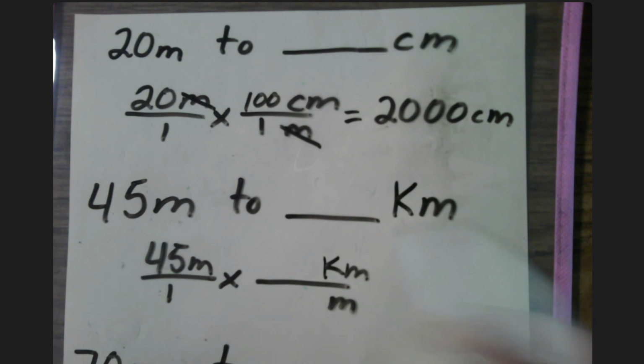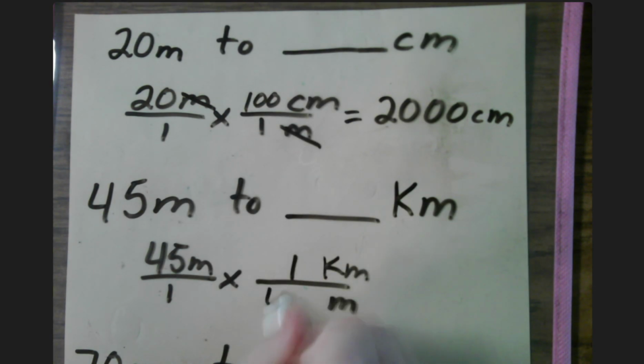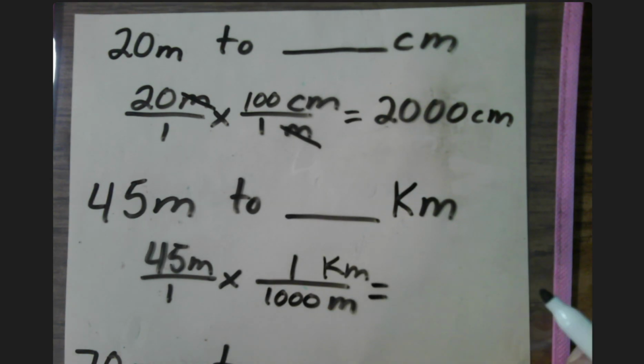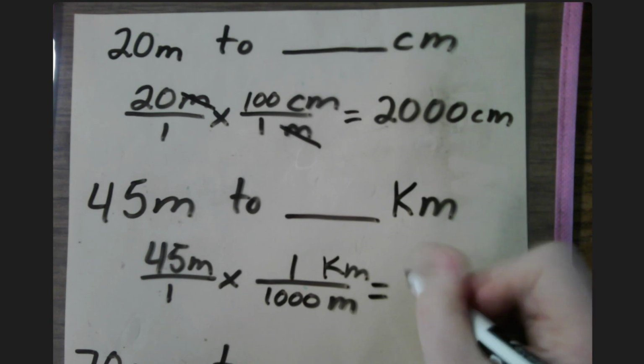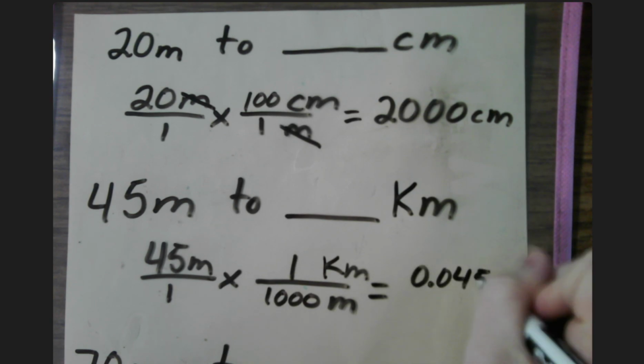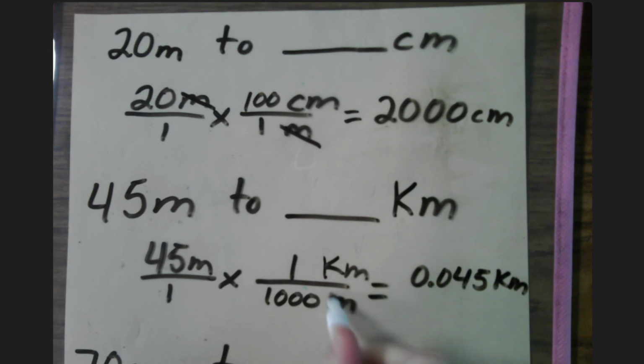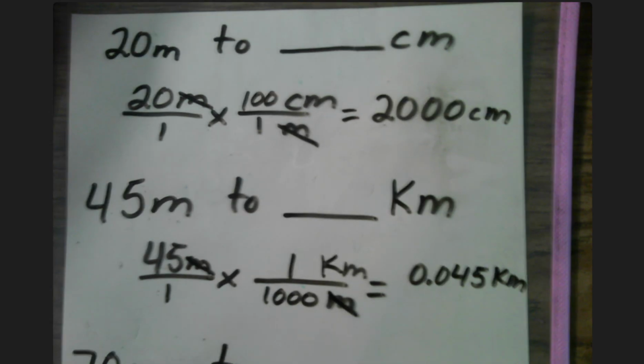So let's move that over here. So 1 kilometer is equal to 1,000 meters. And then we divide. It'll be 0.045 kilometers. And this makes sense because kilometers are bigger than meters. Let's do another one.